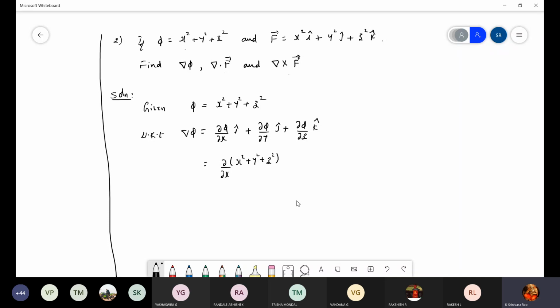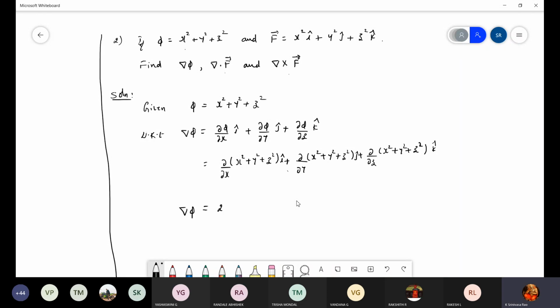Either it is zero or variable, you have to consider that, but you have to differentiate all three. Plus dou y of x square plus y square plus z square j cap plus dou z of x square plus y square plus z square k cap. So you will get what is grad phi with respect to x.